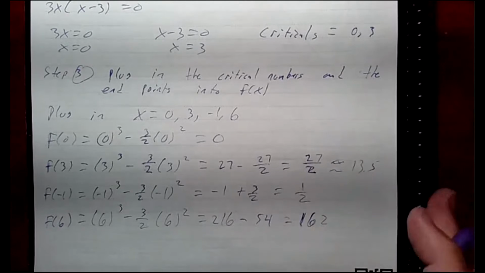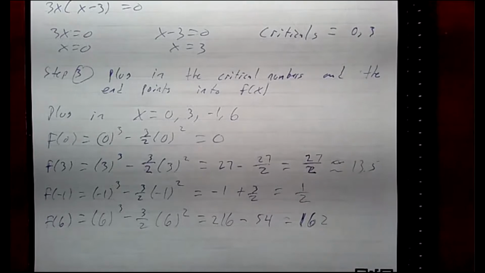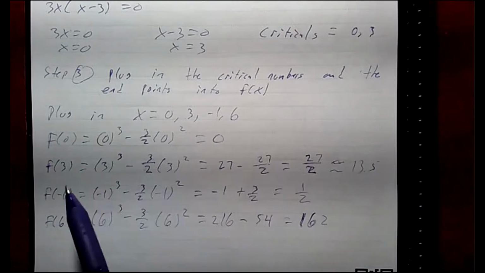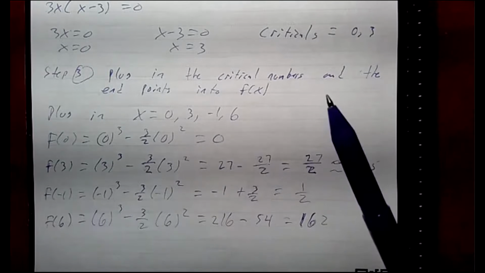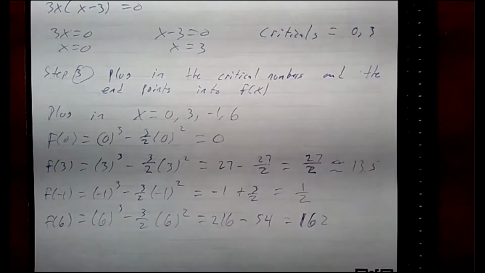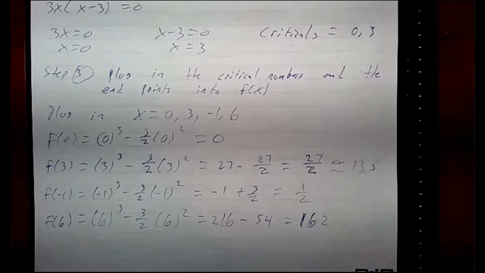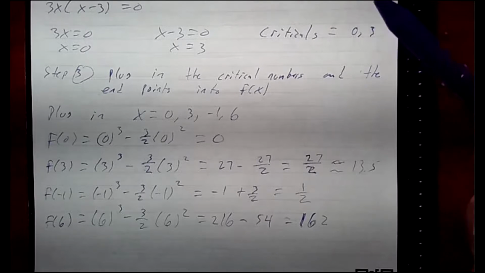So we got the critical numbers in there. We got the endpoints. What is the smallest value? Zero. It looks like it, right? Let me double check everything though.